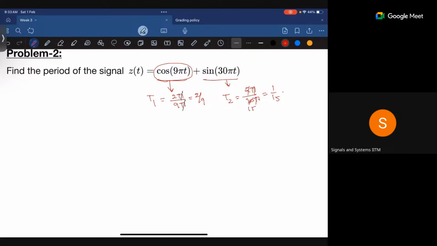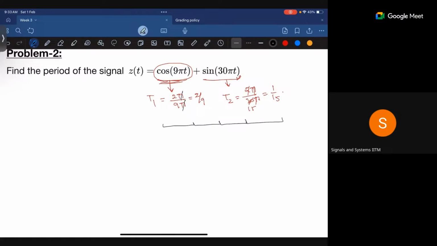So this function repeats every 2 by 9 intervals, and this function repeats every 1 by 15 intervals. Right? So this is 2 by 9, 2 by 9, 2 by 9, 2 by 9.